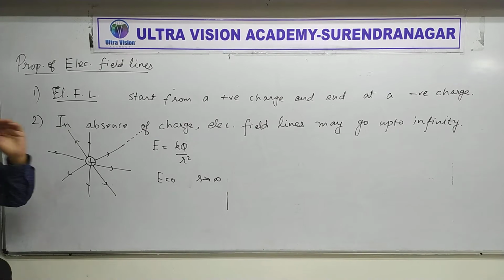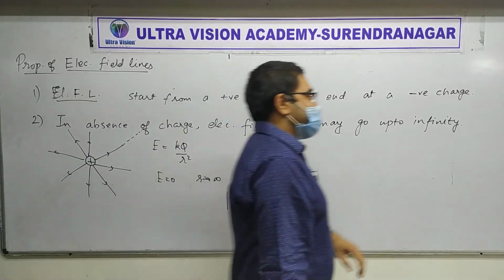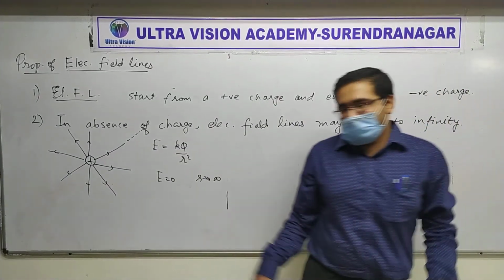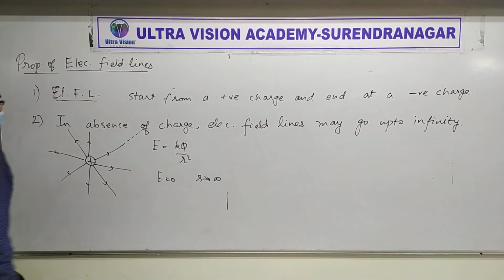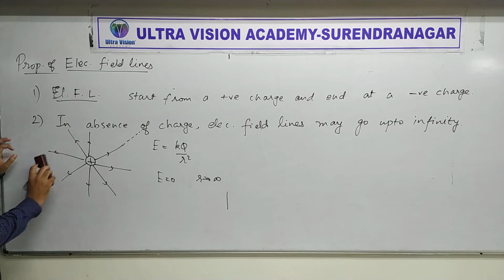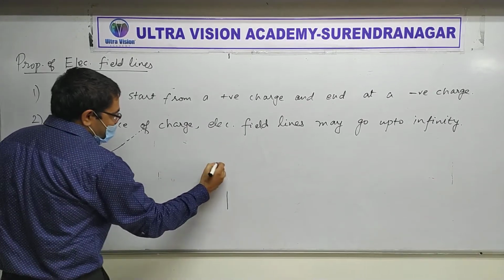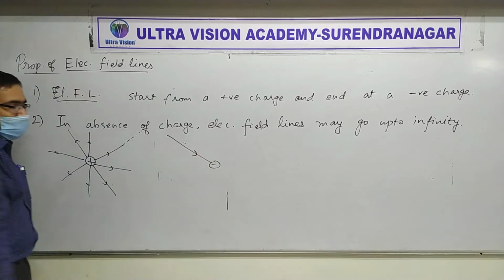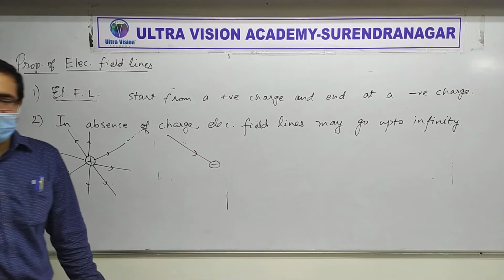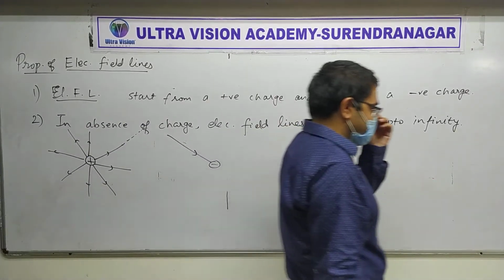So if there is only one positive charge, all the field lines go up to infinity. Similarly, the opposite will happen for a negative charge. There they come from infinity. I hope that makes sense. Alright, points 1 and 2 clear?